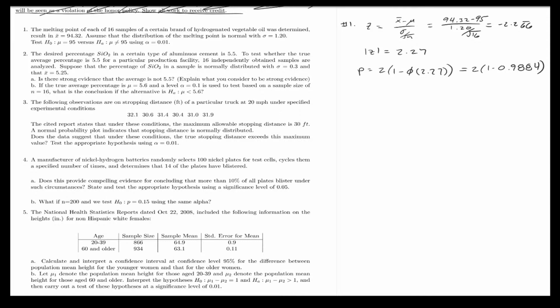So P is 0.0232. Now, we're testing with alpha 0.01, so no. Fail to reject H0. So even though our sample mean was 94.32, this is not strong evidence to reject the null.